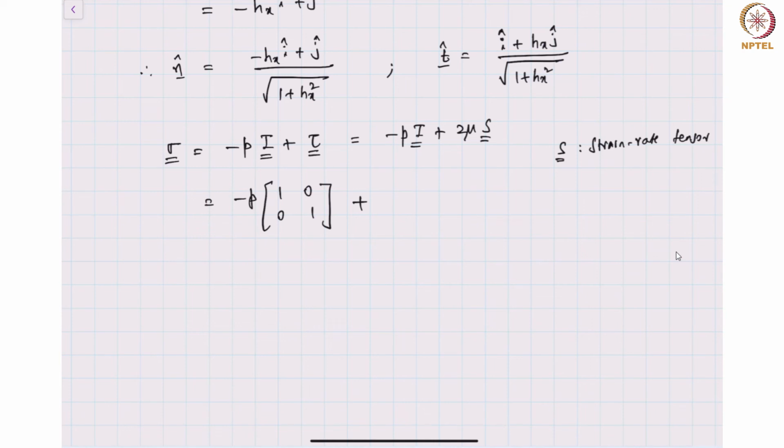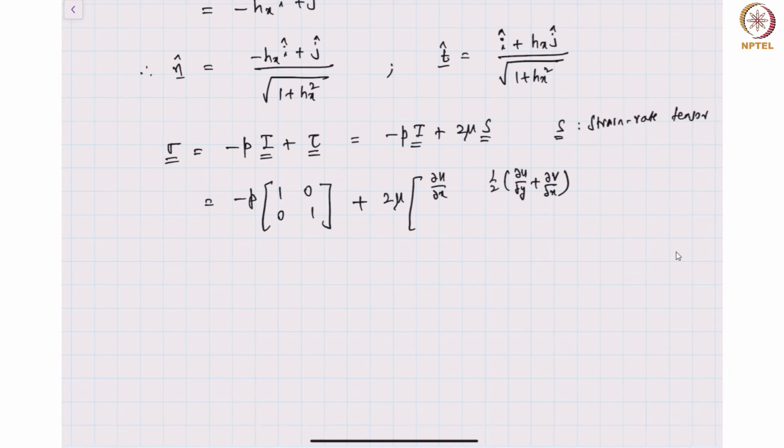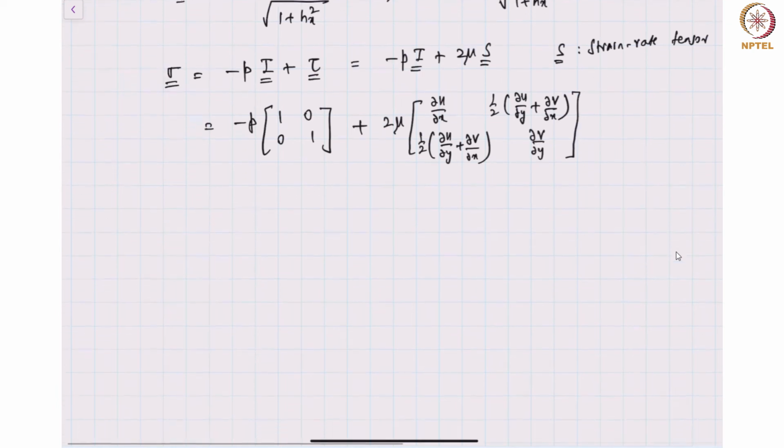Just continuing the discussion for 2D flows, this will be del u by del x. Here we'll have del u by del y plus del v by del x. It's a symmetric tensor, and finally we have del v by del y. We have all these terms.